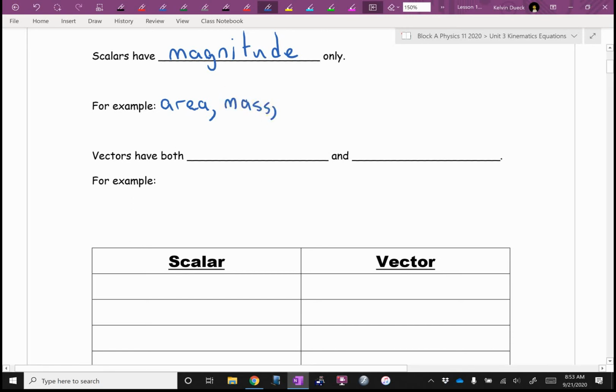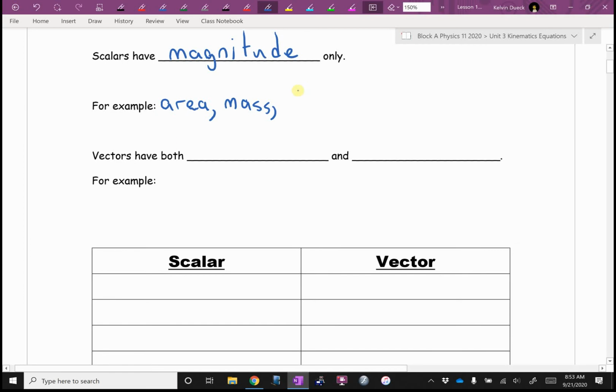Mass. You'll memorize these without really trying to, so I'm not going to say make flashcards or anything like that, but anytime I give you a new concept, you will need to commit to memory whether it's a scalar or a vector. Area we don't look at much in physics, but it's a scalar.